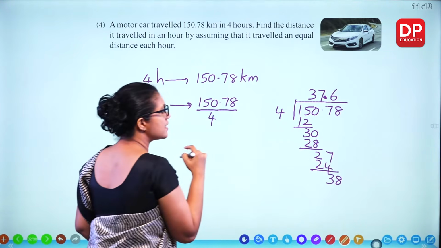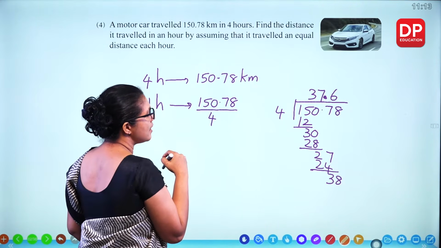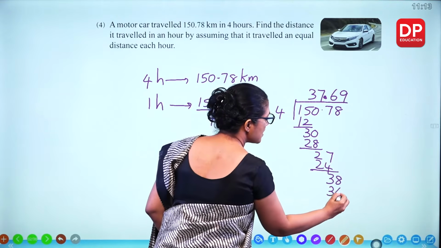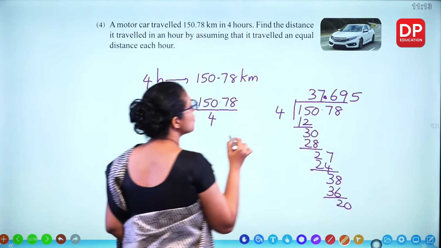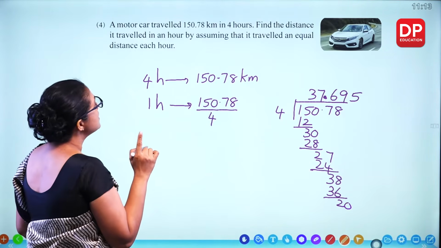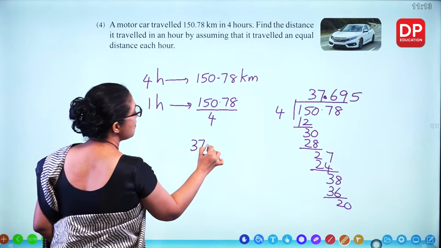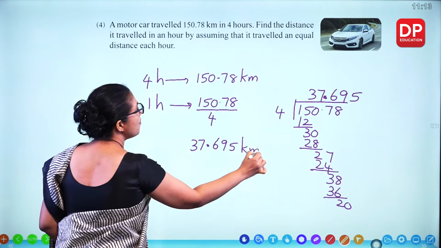For 38, how many 4s? You need 9. 36 and 2 remaining. For 20, that's 5. So what's the distance travelled within 1 hour? 37.695 kilometers.